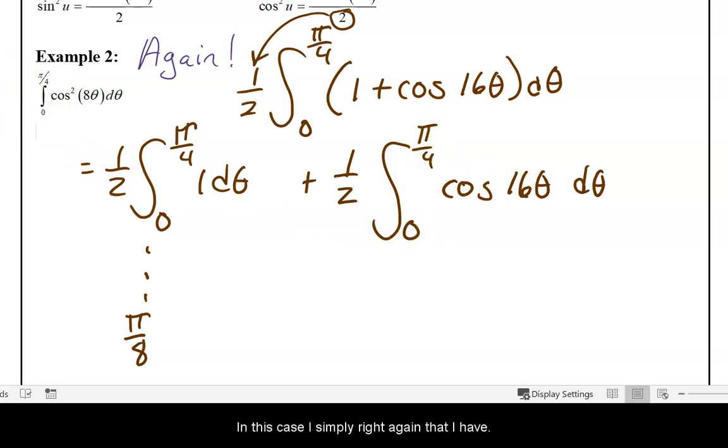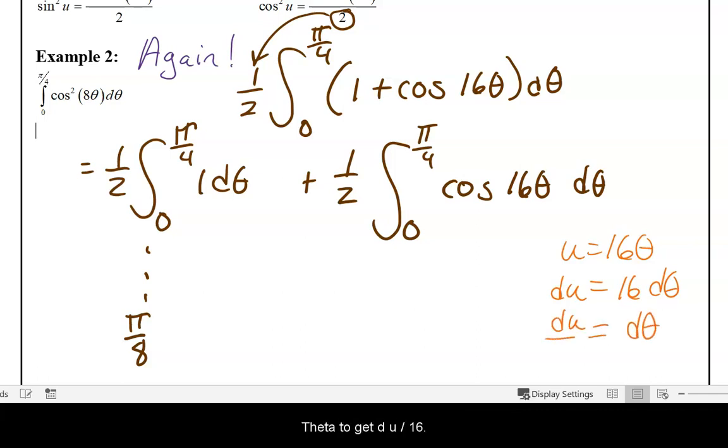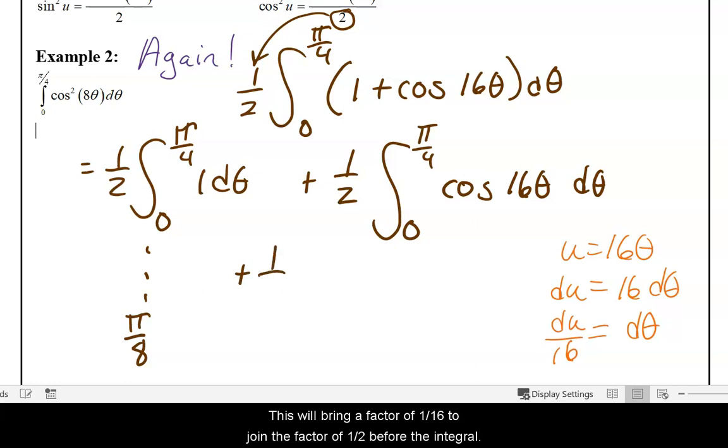I am going to do u substitution again, but I'm not going to replace the limits of integration. In this case, I simply write again that I have u equal to 16 theta and du equal to 16 d theta. Since I don't have the 16, I solve for the differential d theta to get du divided by 16. This will bring a factor of 1/16 to join the factor of 1/2 before the integral.